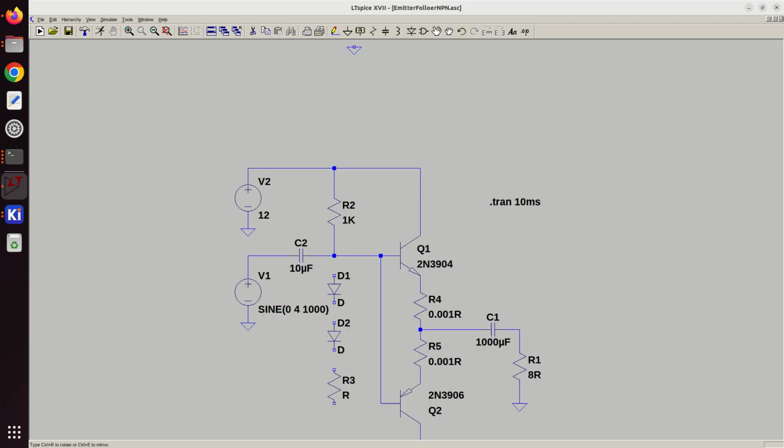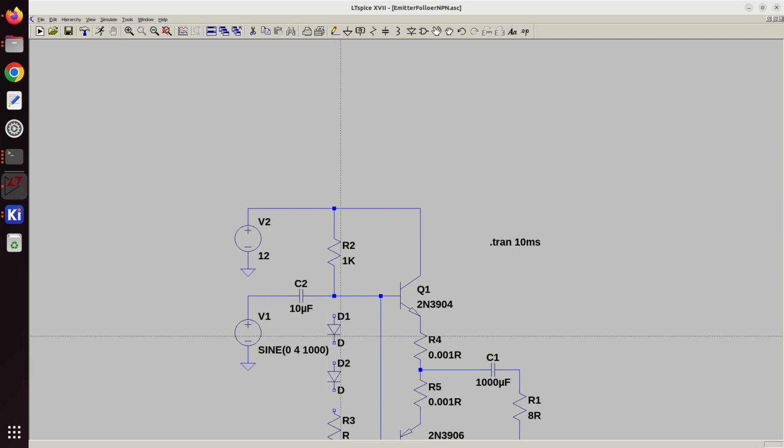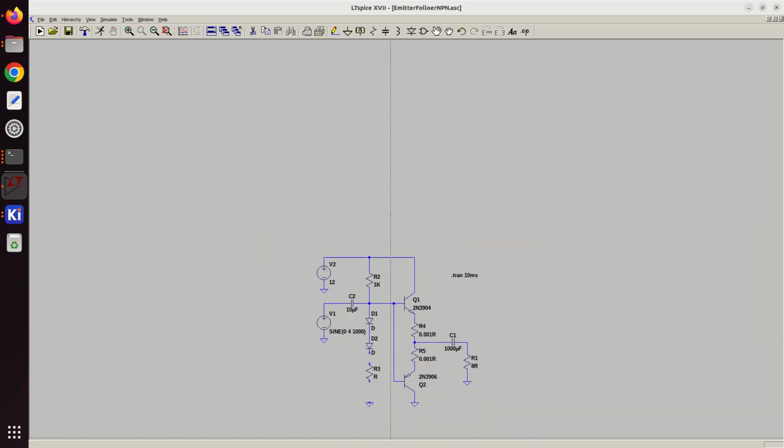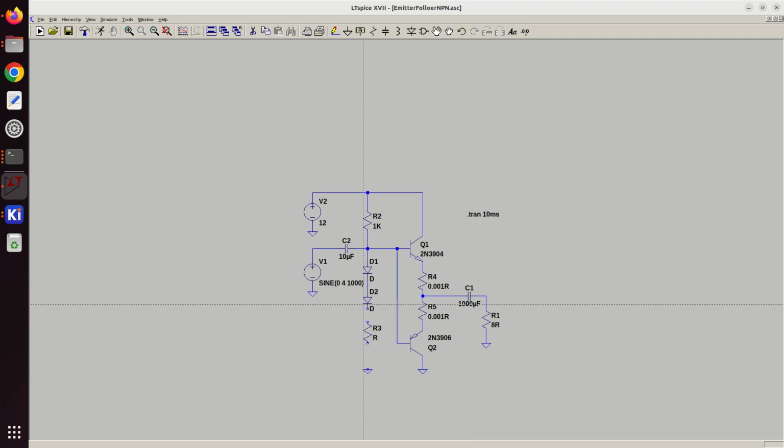So what we're ultimately trying to do here is to barely turn these transistors on, so that we can ideally avoid that crossover distortion.